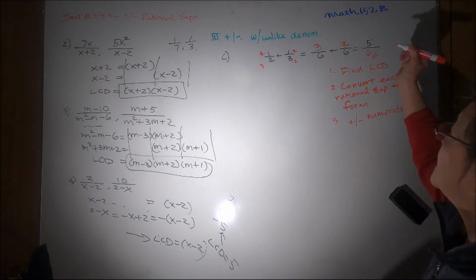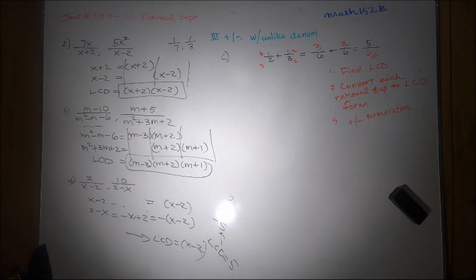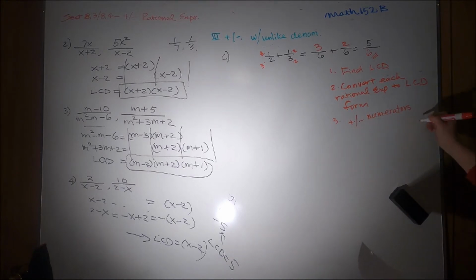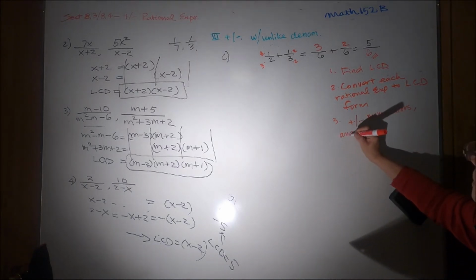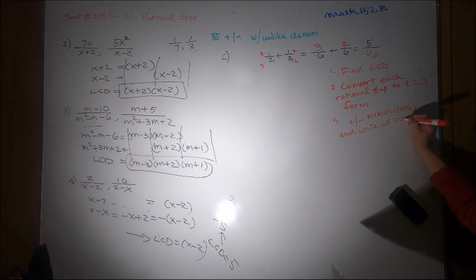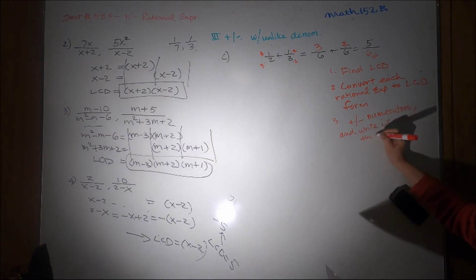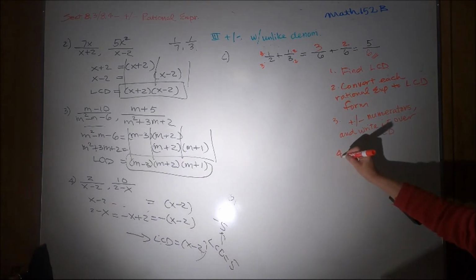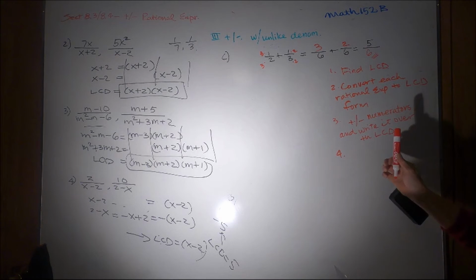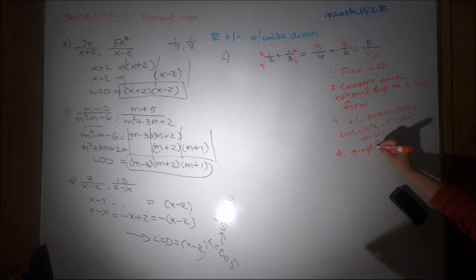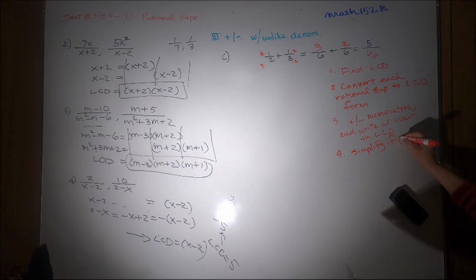The denominator will remain the same, right? So once you combine the numerators, then you will write it over the LCD, right? That's what we do. Then after that, what do we do? This one is okay, but sometimes we need to simplify, right? If possible.